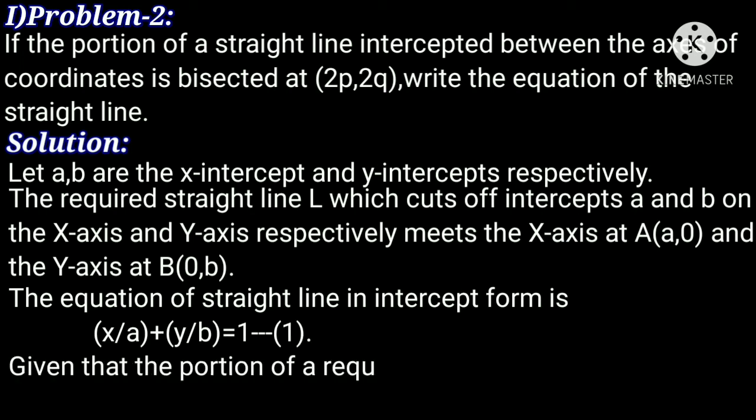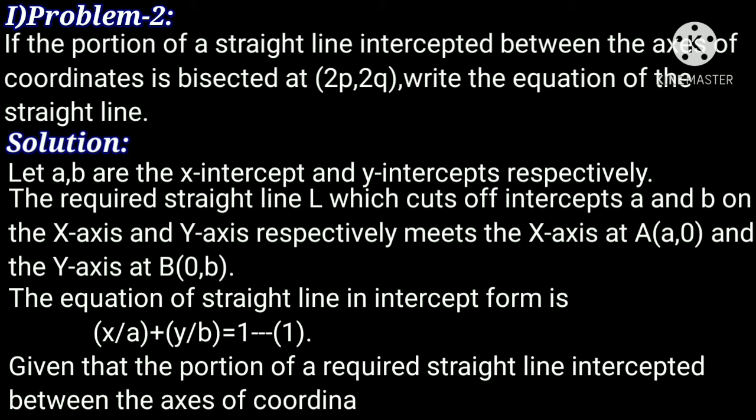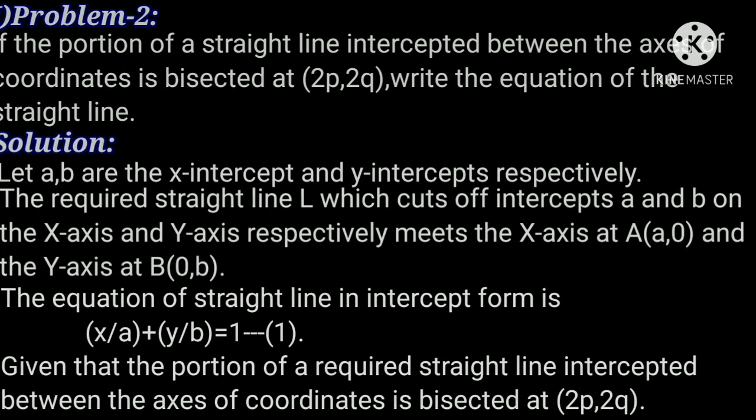This is equation number 1. Given that the portion of the required straight line intercepted between the axes of coordinates is bisected at (2p, 2q). That means the midpoint of AB is equal to (2p, 2q).